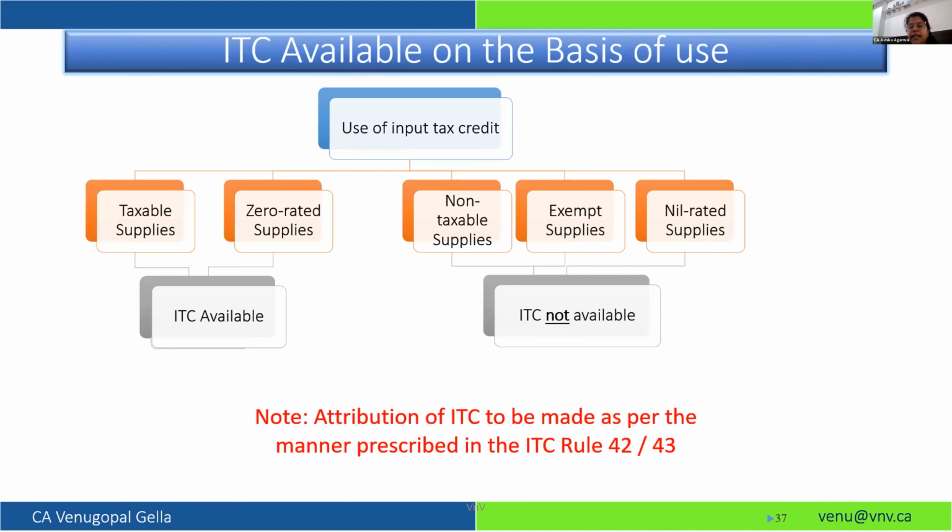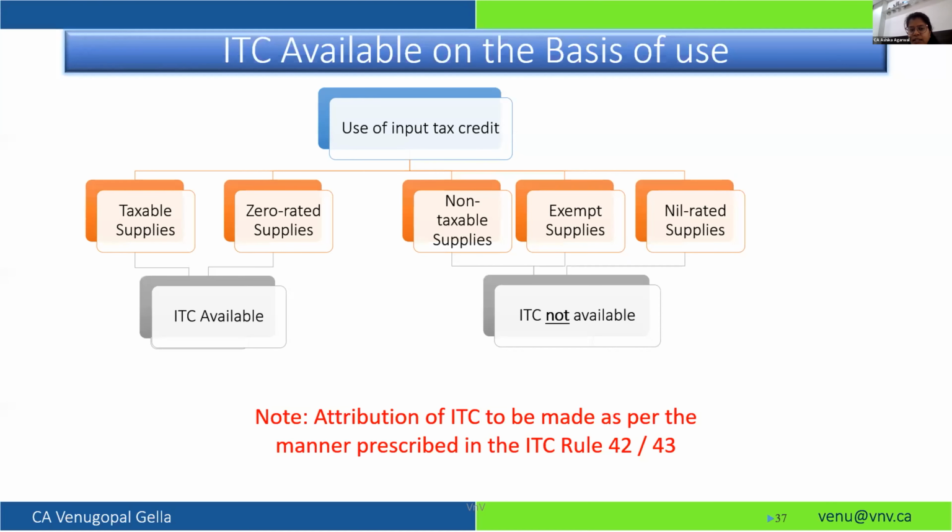Now, input tax credit availment is basically dependent on the fact that it has been used for business. So if you are using it for a business which is a taxable supply, you are 100% eligible for ITC. Zero rated supply means export of goods or service outside India, or supply to an SEZ unit.